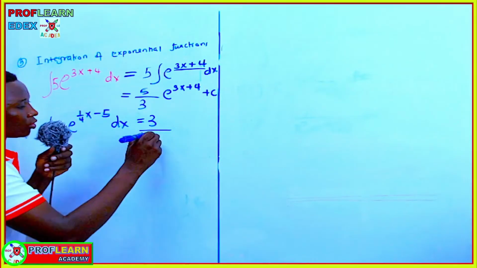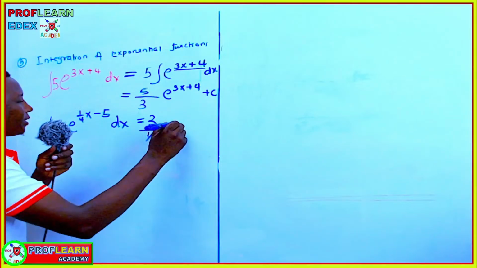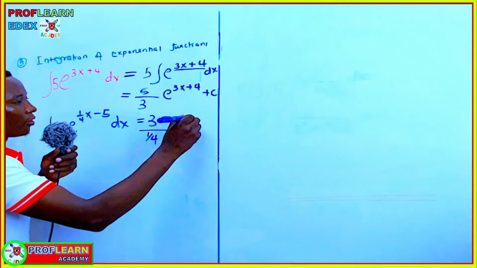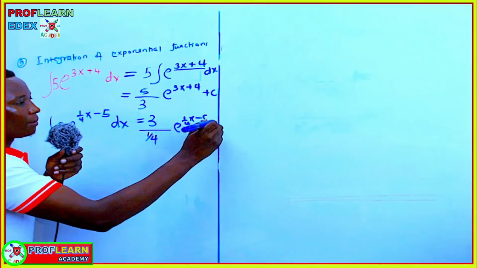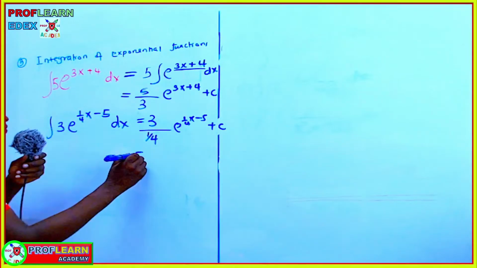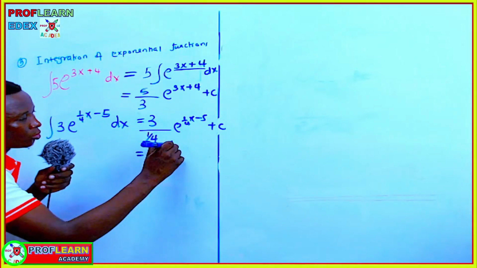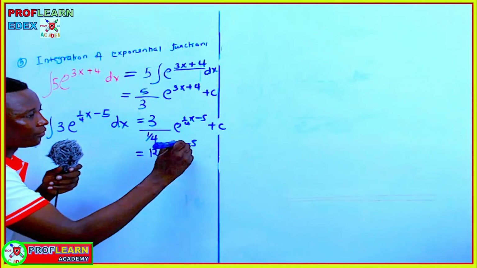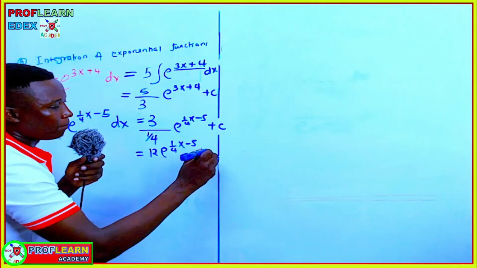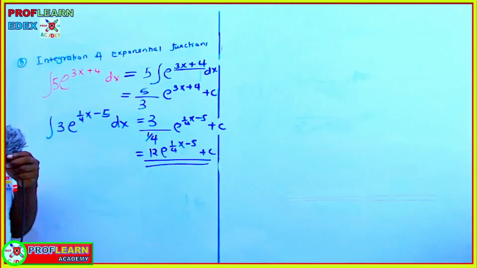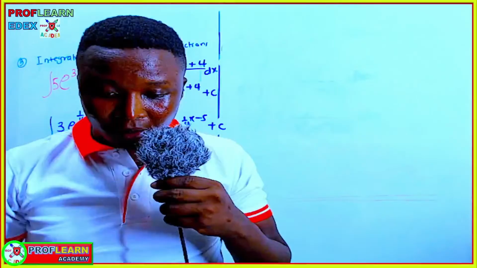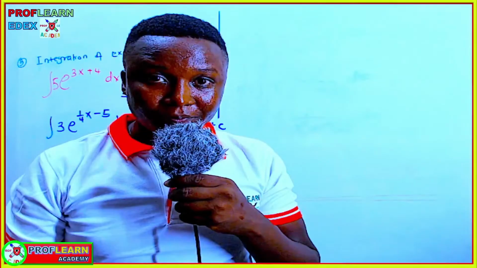So this will be 1 over 4 here. Then e to the 1 over 4x minus 5, then plus c at that given point. So meaning that this is going to translate to 12 e to the 1 over 4x minus 5, then plus c as the integral.